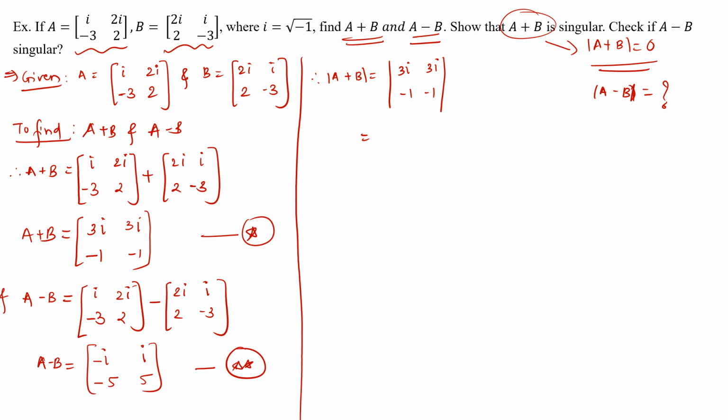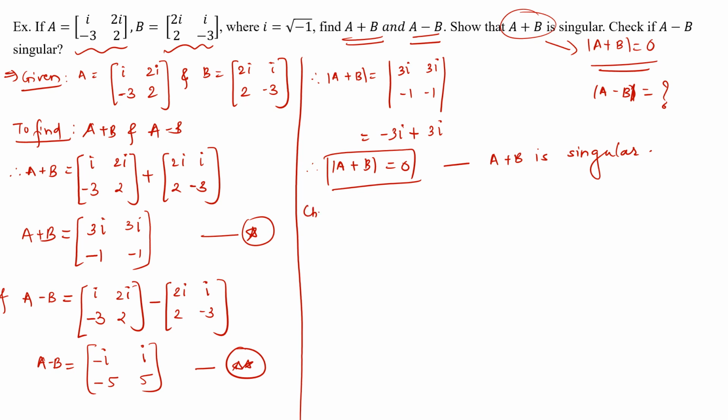So ये क्या हो जाएगा? डिटर्मिनेंट कैसे फाइंड आउट करते हैं? वैल्यू हमें पता है, क्रॉस मल्टीप्लाइंग एंड सब्ट्रैक्टिंग. सो ये होगा माइनस 3 आयोटा माइनस माइनस प्लस 3 आयोटा. So if we observe determinant value of A plus B is equals to 0, and this proves that A plus B is singular.